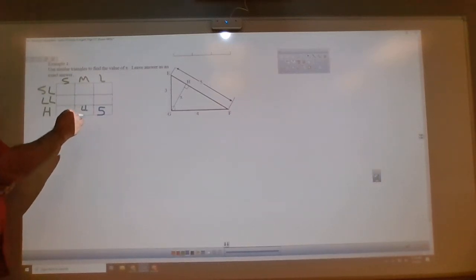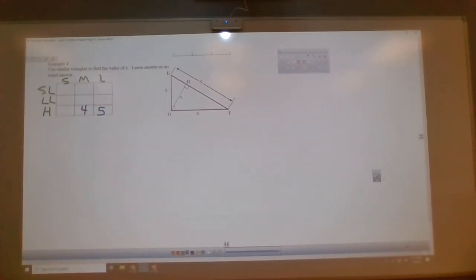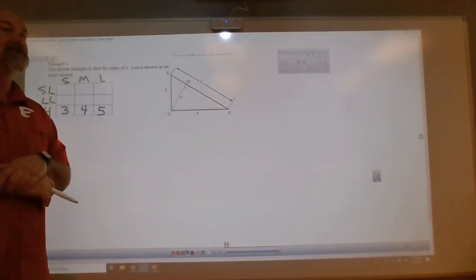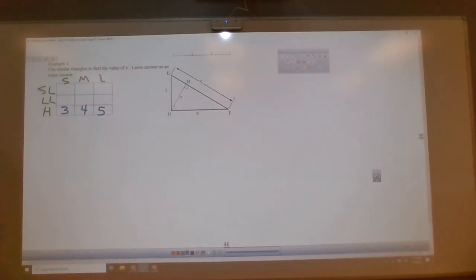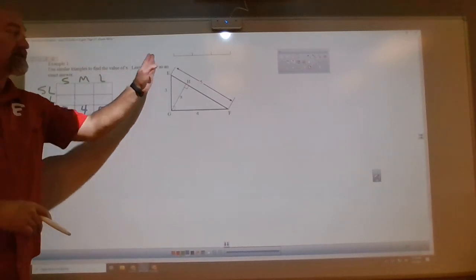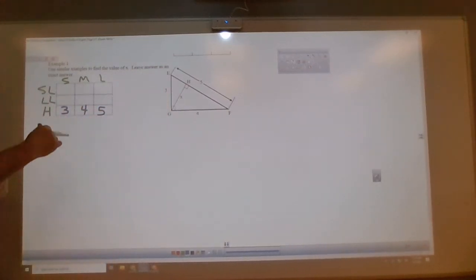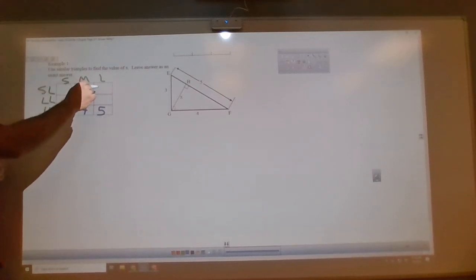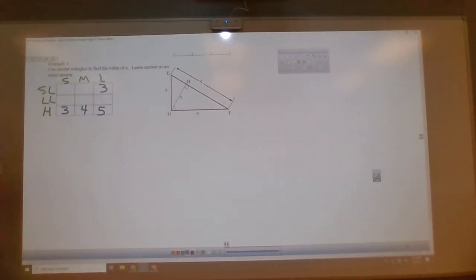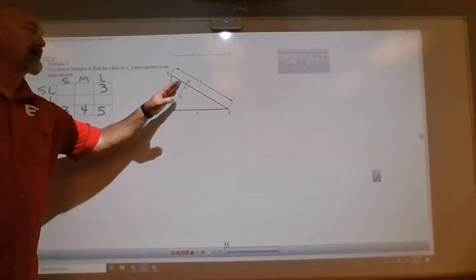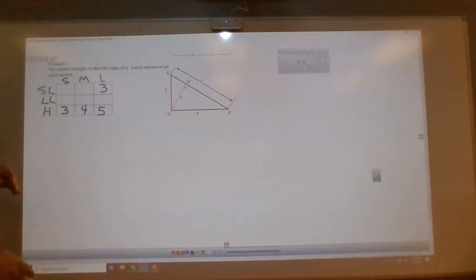Good. What is the hypotenuse of the small triangle? 3. Good. What is the short leg of the biggest triangle? 3. What is the short leg of the medium triangle? X.